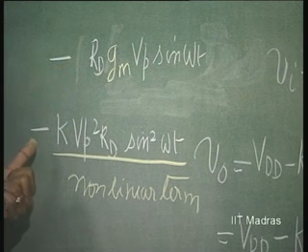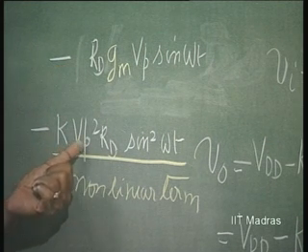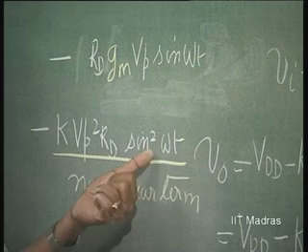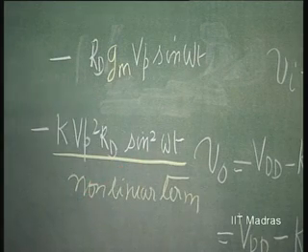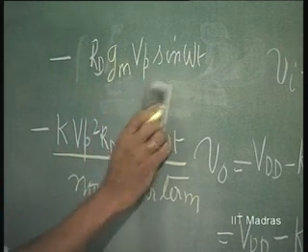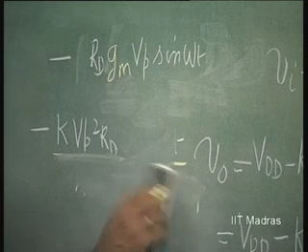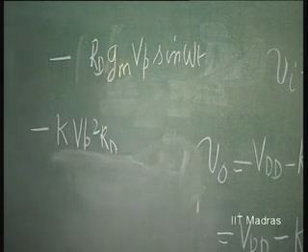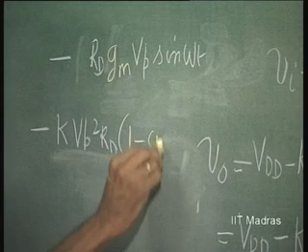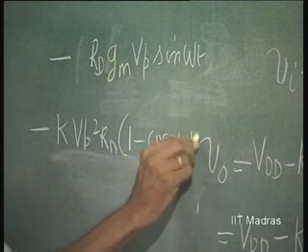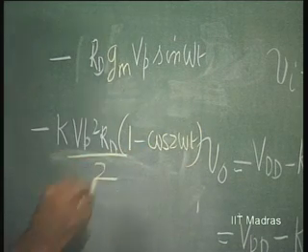Next we have minus k times Vp squared Rd squared sin squared omega t. Sin squared omega t can be expanded as what? 1 minus cos 2 omega t, divided by 2.